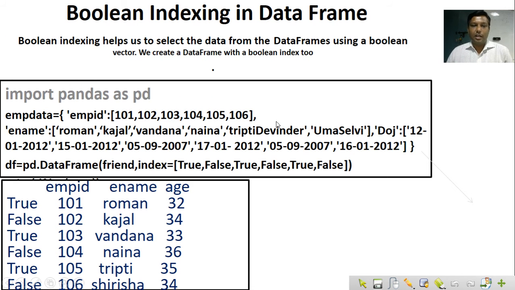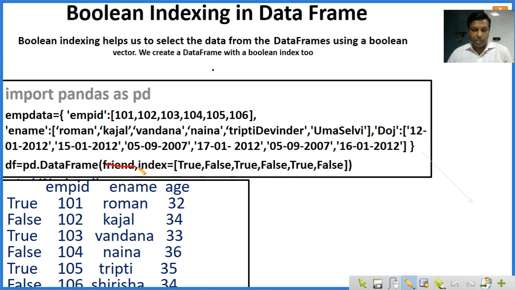Boolean indexing in data frames. Import pandas as pd. We write here some data frame, pd dot DataFrame of emp data, and we have given index.